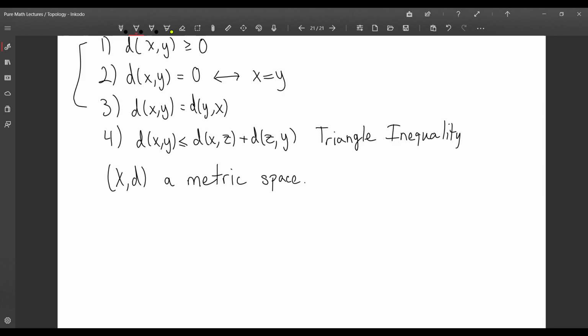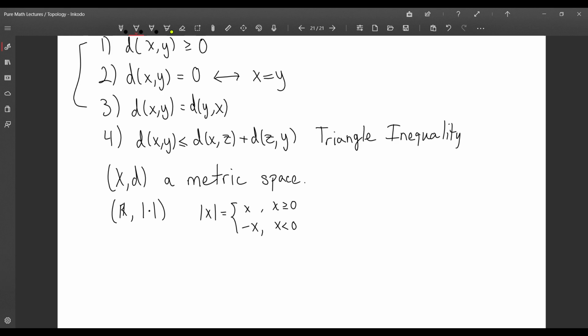And so as an example, and again, we haven't technically constructed the real numbers, but the real numbers along with the absolute value function is a metric space, and the absolute value is defined as x when x is greater than or equal to 0, and negative x when x is less than 0.